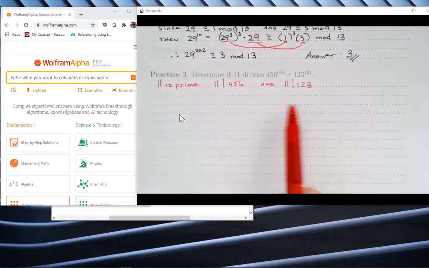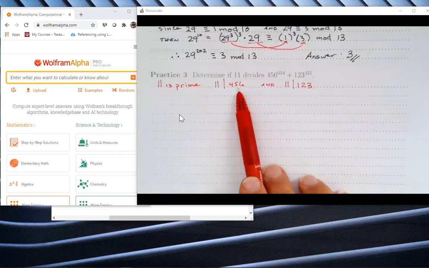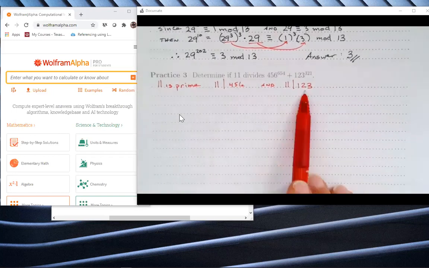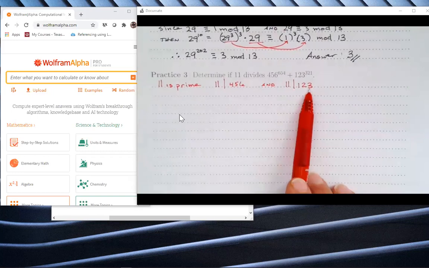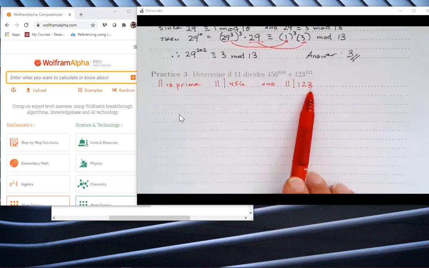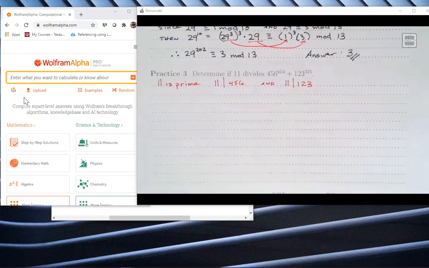Because if 11 divides 456 or 11 divides 123, we cannot use Fermat's little theorem. So we can come over here to Wolfram Alpha and check this out.